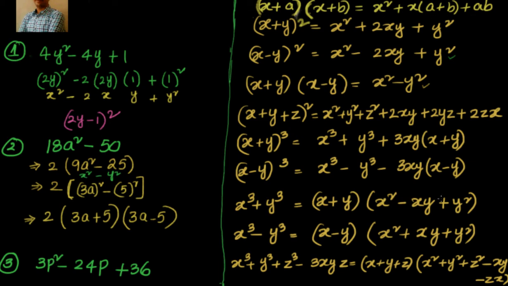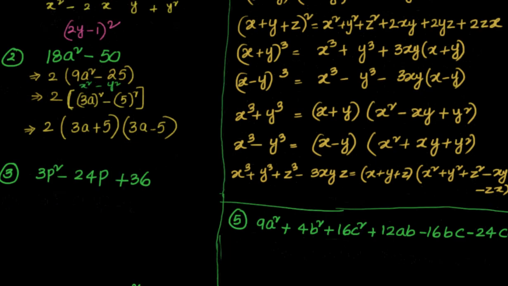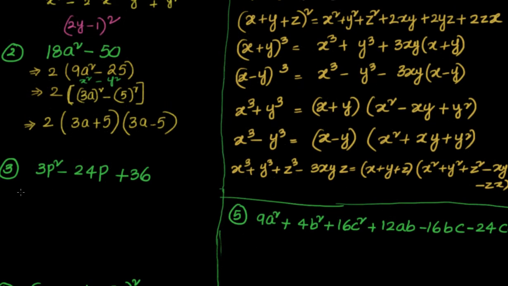So let us try to take out common anything I can factor out. I see that 3 I can take common. 3 into 8 is 24, 3 into 12 is 36. So I can say 3 into p square minus 8p plus 12.